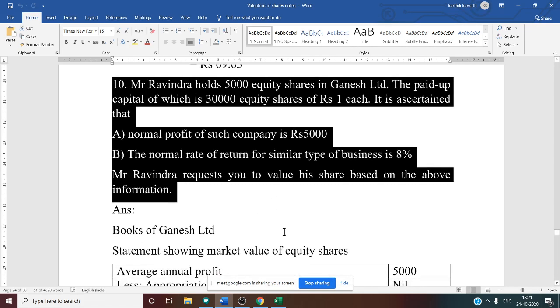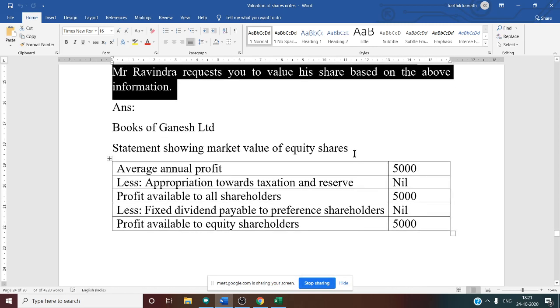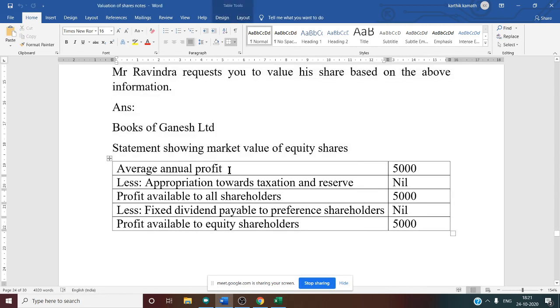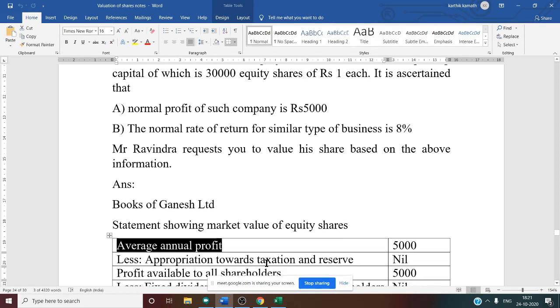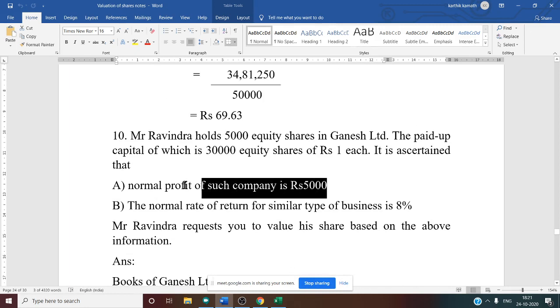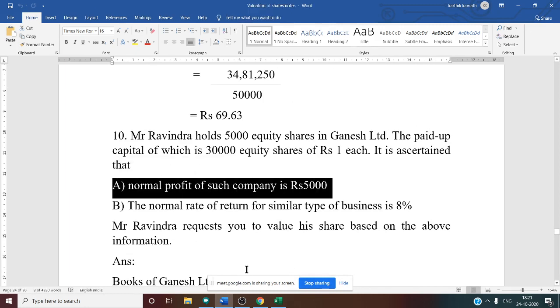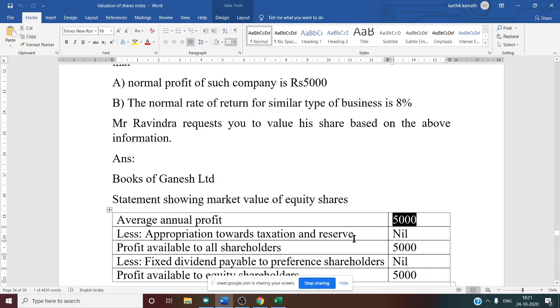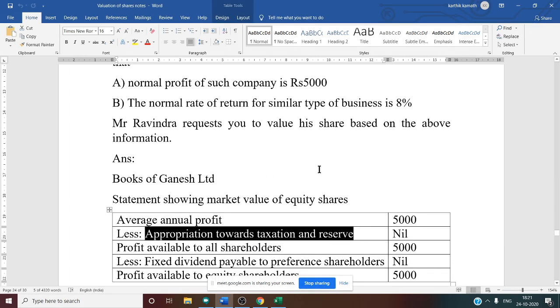So the solution part, in the books of Ganesh Limited, statement showing market value of equity share. First one, average annual profit. Average annual profit is given in the problem, that is nothing but normal profit of such company, 5,000. So 5,000 you are directly going to write. From that, less appropriation to taxation and reserve.